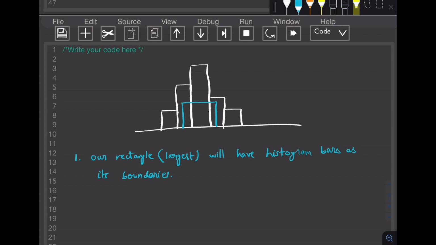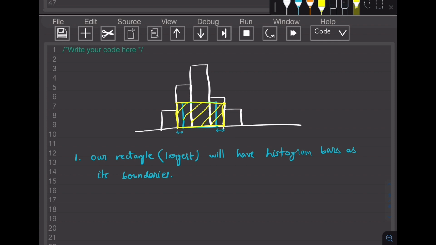This is also part of the histogram, right? But its boundaries are away from the boundaries of the nearest histogram bar. In this case, we can always draw a larger rectangle with the same height, but we can extend the width. And since this rectangle is larger than the previous one, we only need to consider this one. Since our goal is ultimately to find the largest rectangle, we do not need to bother with every small rectangle.